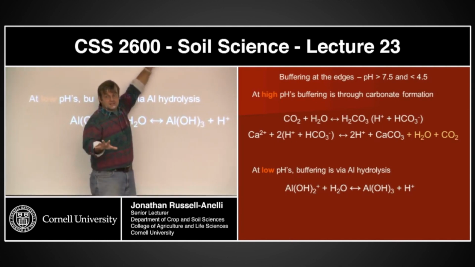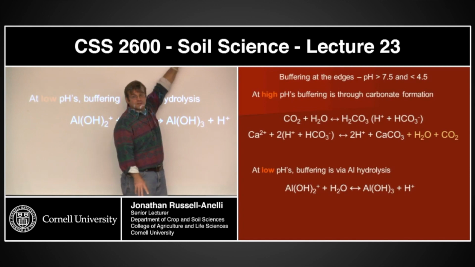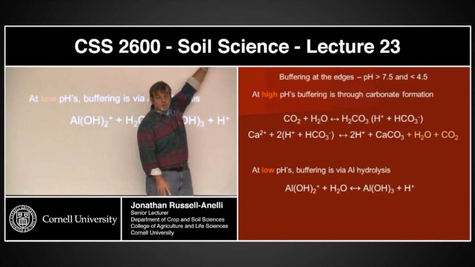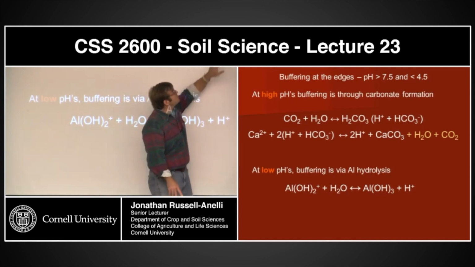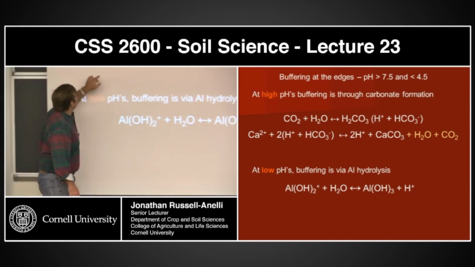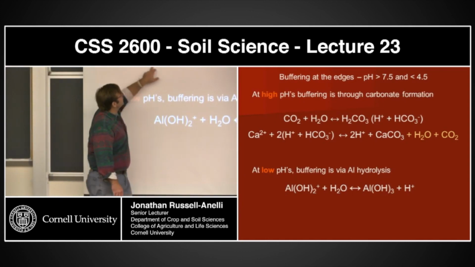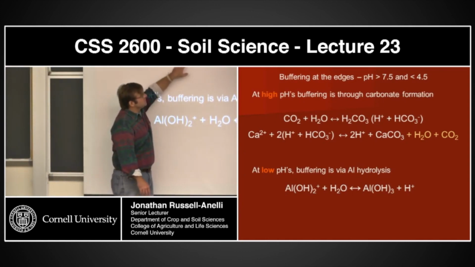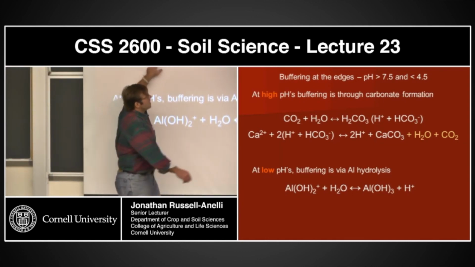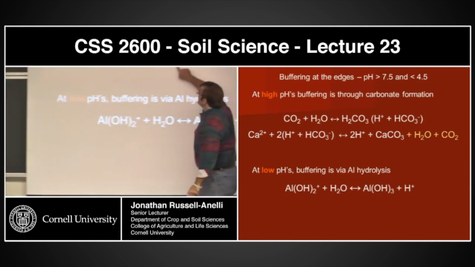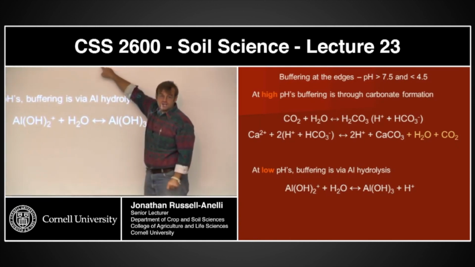It's a weak acid, so only one of the protons dissociates. It's a strong base. But this strong base can react with calcium. Basically, the calcium will react with this base. And as a result, I'm going to be putting two protons into the soil solution.